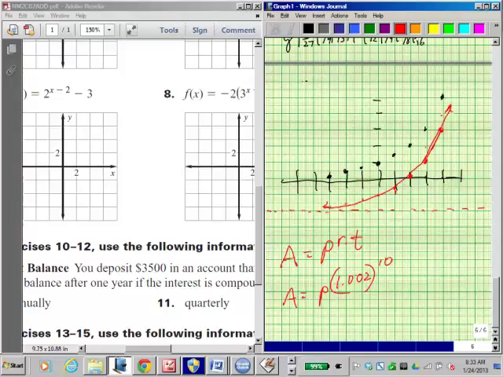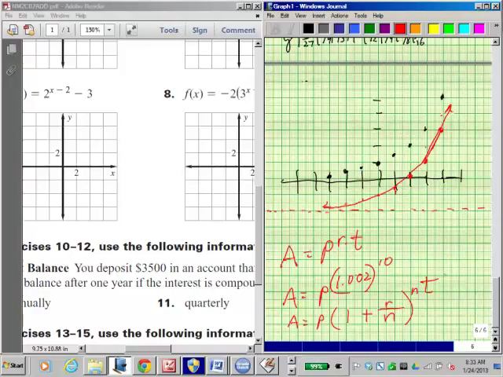Now, they do this thing called compounding interest. Here's how it works. The amount of money you have equals the principal times 1 plus the rate of interest divided by the number of times it's compounded, raised to the power of the number of times it's compounded times the number of years.